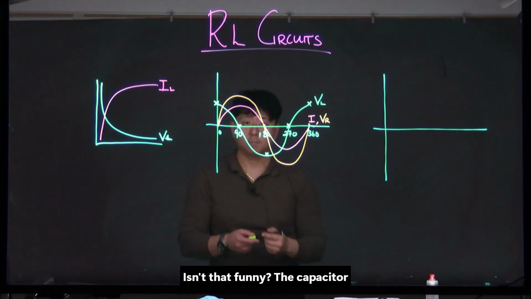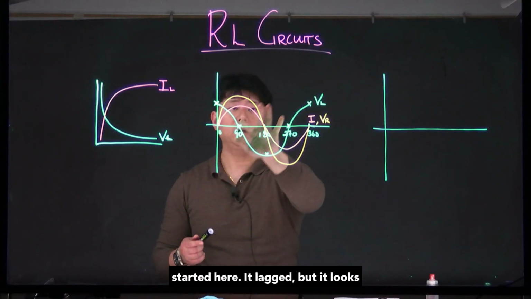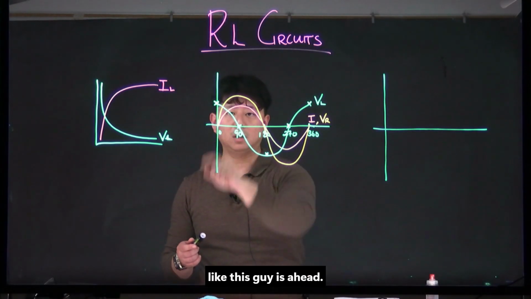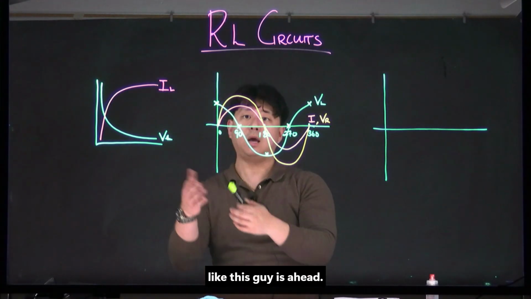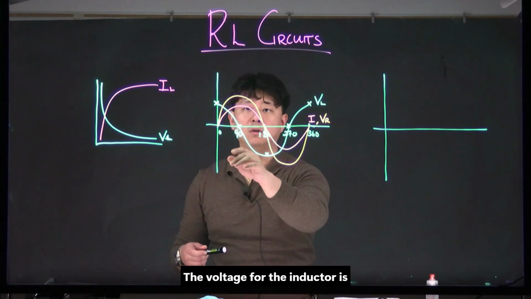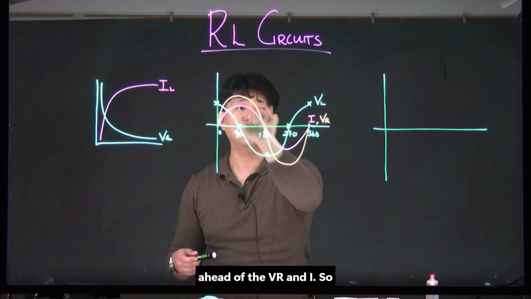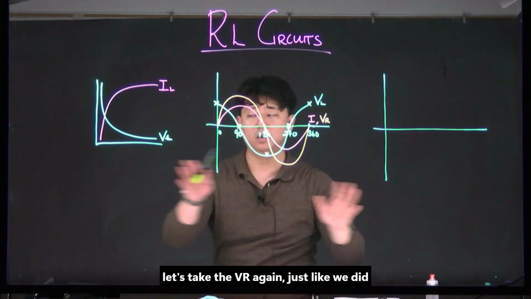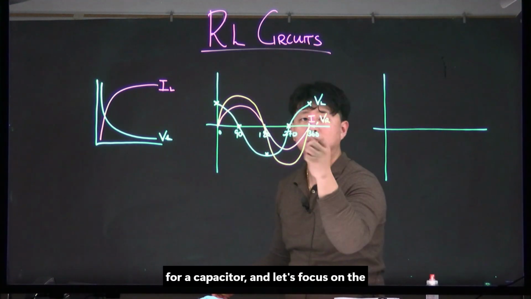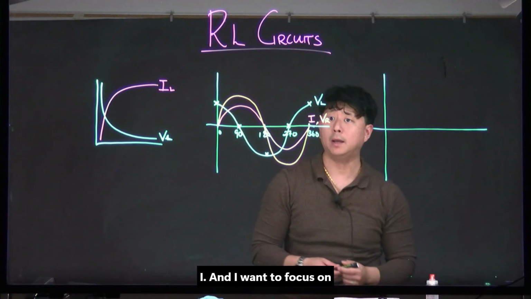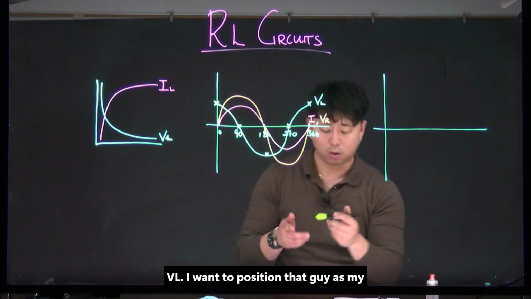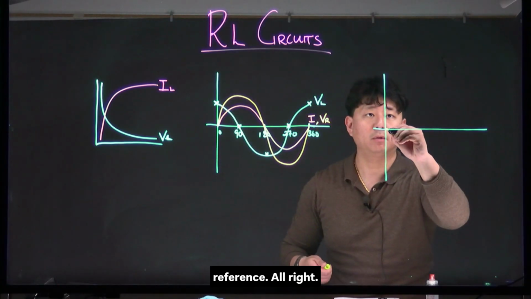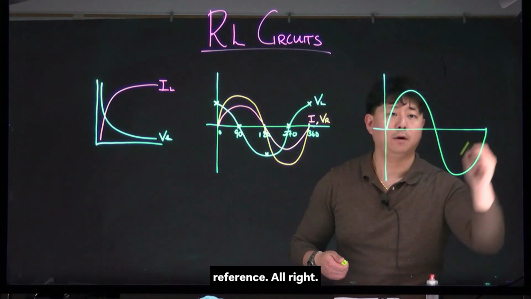Isn't that funny? The capacitor started here, it lagged, but it looks like this guy is ahead. The voltage for the inductor is ahead of the VR and I. So let's take the VR again, just like we did for the capacitor, and focus on the I. And I want to focus on VL. I want to position that as my reference.